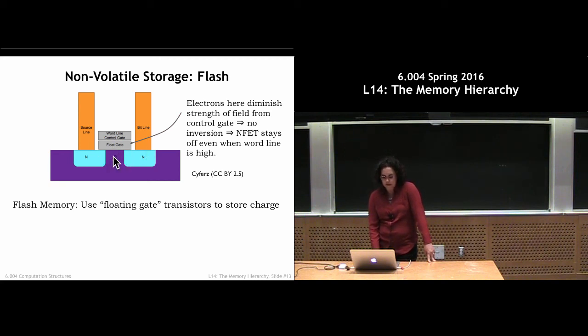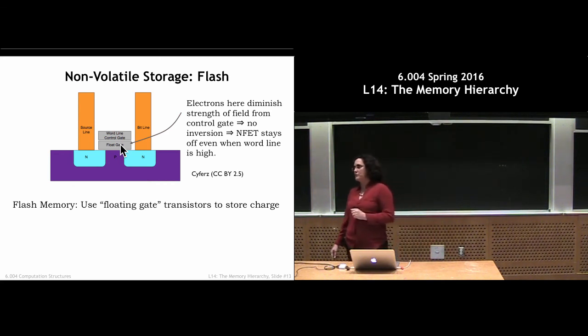The way this works is if, for example, this floating gate didn't have any charge on it, then you'd be able to just put a regular voltage, just like you always would on an NFET, that would turn it on, and you'd start to see current flowing here from your source to your drain. The voltage that's required to get that to happen, let's call that voltage V1, if there's no charge on your floating gate.